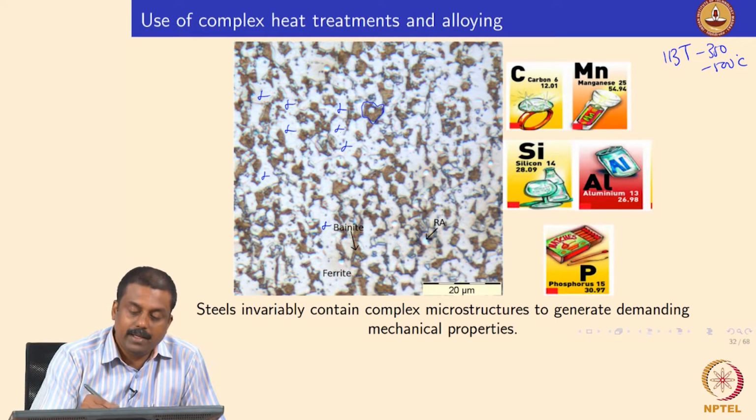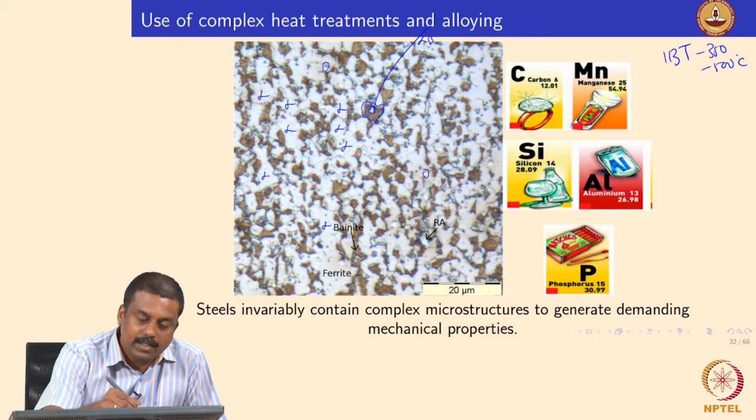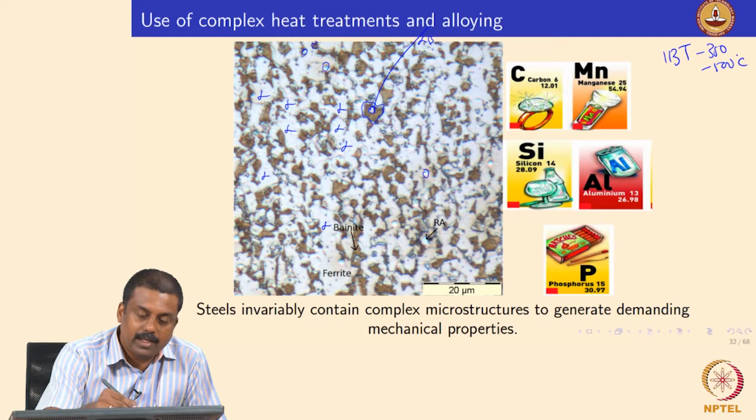The brown here is bainitic ferrite, and then the white-bluish islands you see over here are all retained austenite. For example, in this grain, this is our prior austenite grain boundary during intercritical annealing.